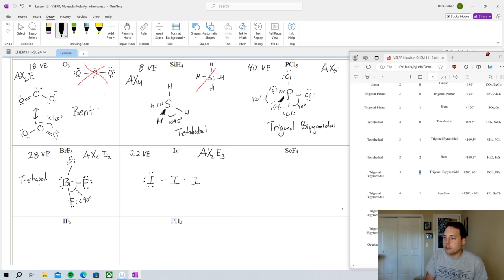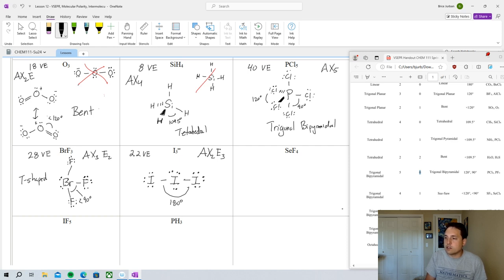So when we distribute these electrons, we have 6 left over. Those 6 left over are going to go in the 3 equatorial spots. So we removed 2 of them, and we removed this third one. And when you remove that third one, all those electrons here are going to push equally on these bonds so that they are, in fact, 180 degrees now.